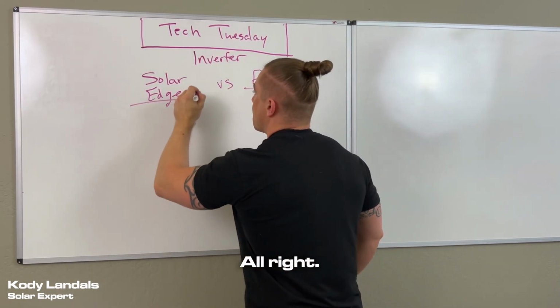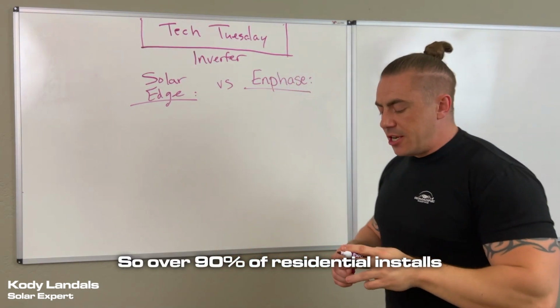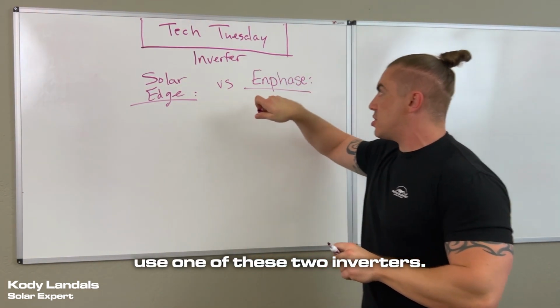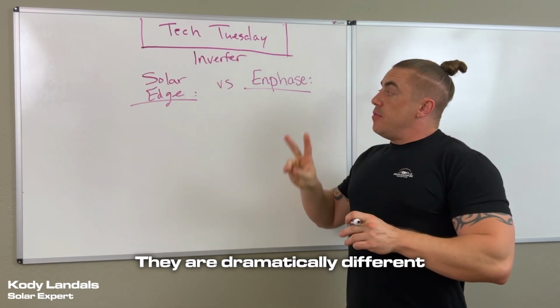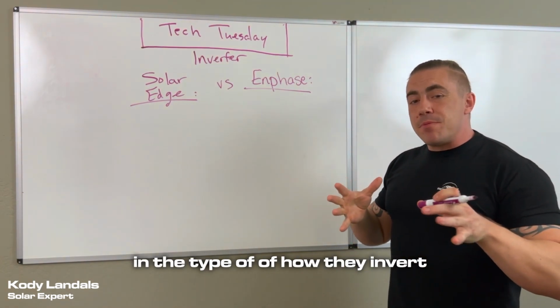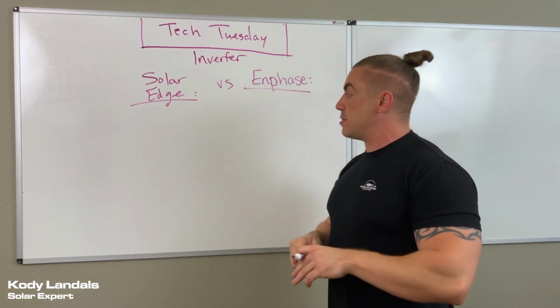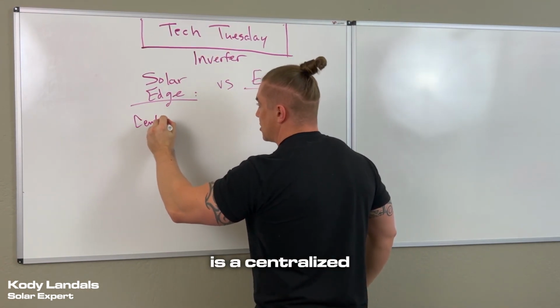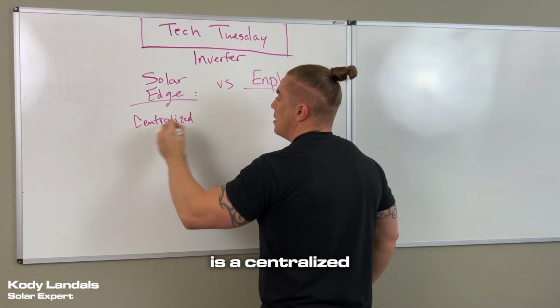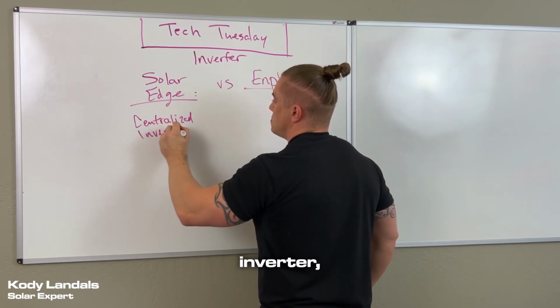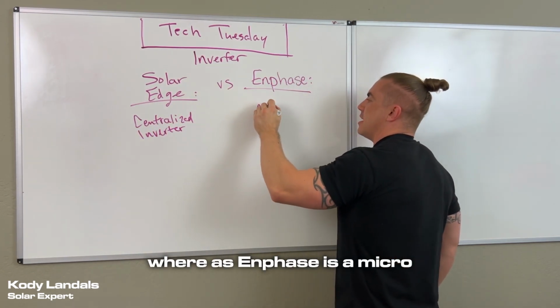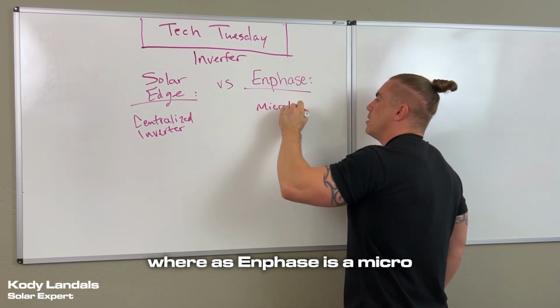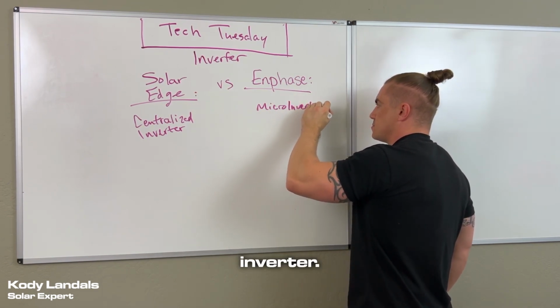Over 90% of residential installs use one of these two inverters. They are dramatically different in how they invert this electricity. SolarEdge is a centralized inverter, whereas Enphase is a microinverter.